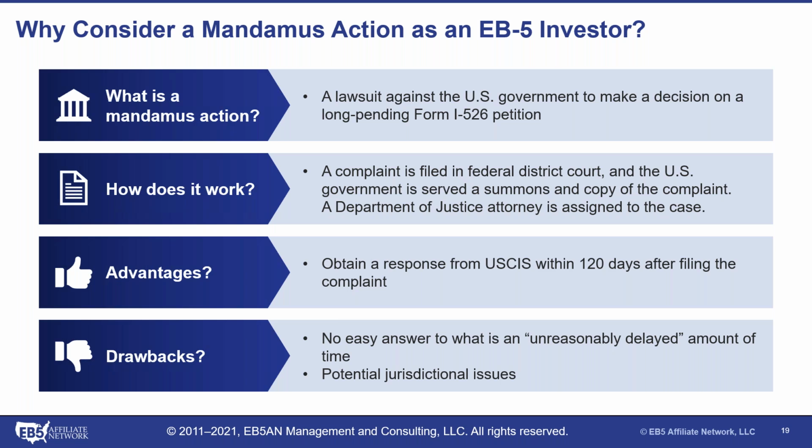And so if you file a mandamus, you may be inviting a more severe response or adjudication from USCIS. Again, it doesn't mean that that's necessarily going to be the case, but in those circumstances, I don't want to give the adjudicator additional armor to come after the investor in a more difficult manner.